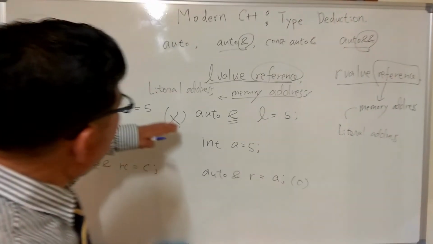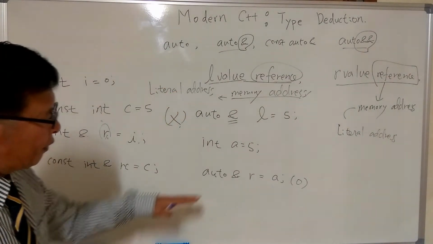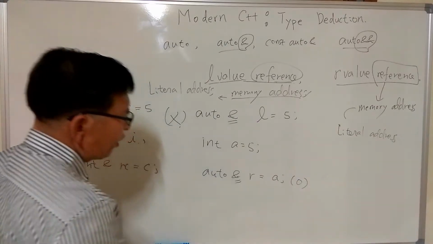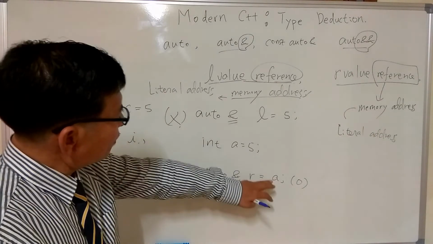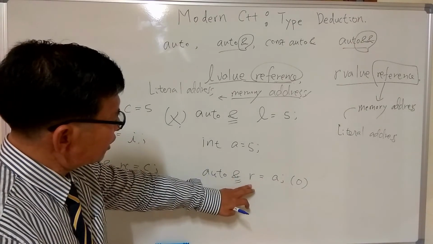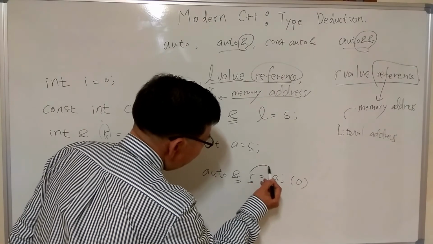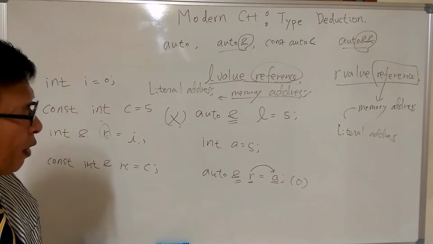I will talk more about this in later videos. For example, in this case, this is L value. L value reference means it should have some memory location. A's memory location address is assigned to here. Actually, not assigned. It refers to this variable's memory location.